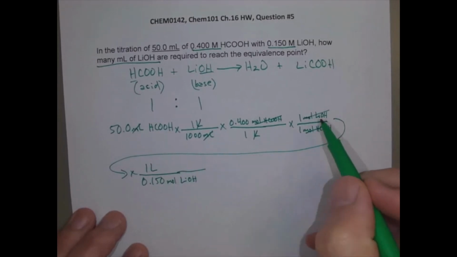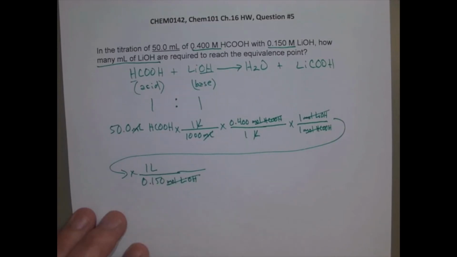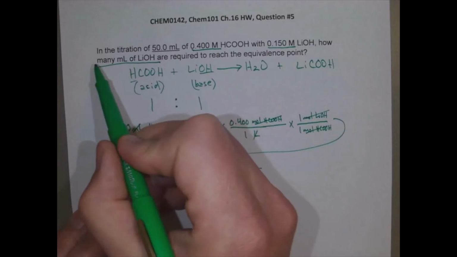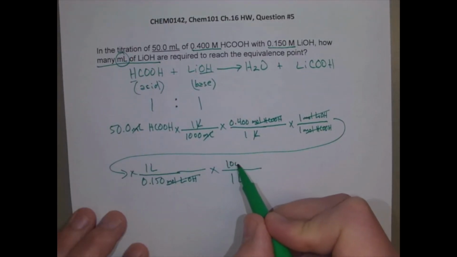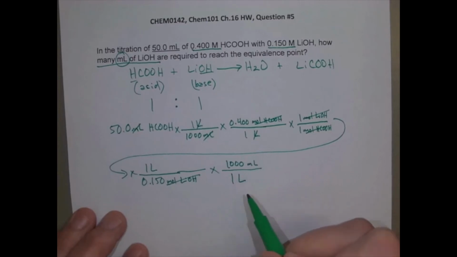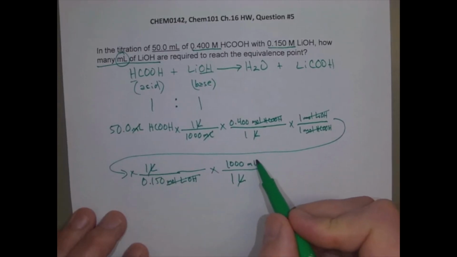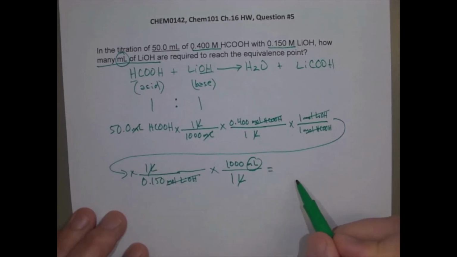So now moles of lithium hydroxide cancel, and right now I have liters. And once again, it's specifically asking for milliliters. So I can just convert that into milliliters. There are 1,000 milliliters in every liter. So now I have units of milliliters of lithium hydroxide.